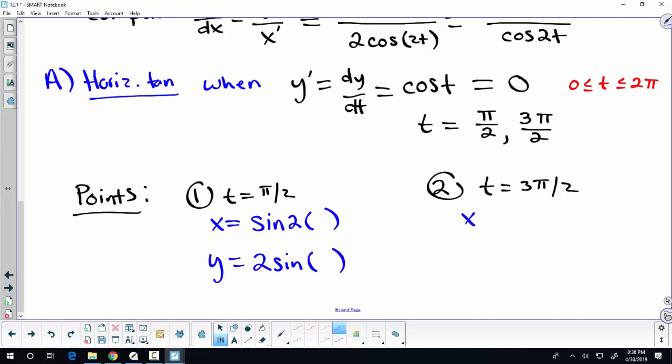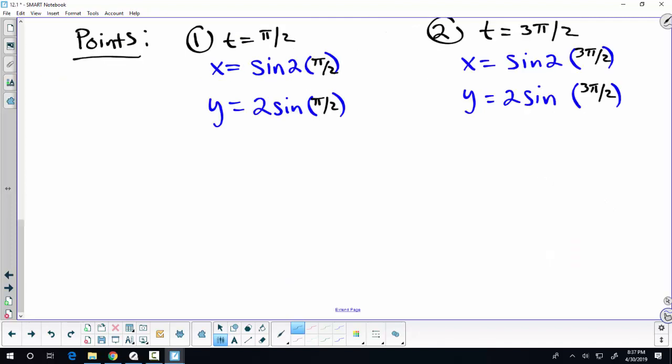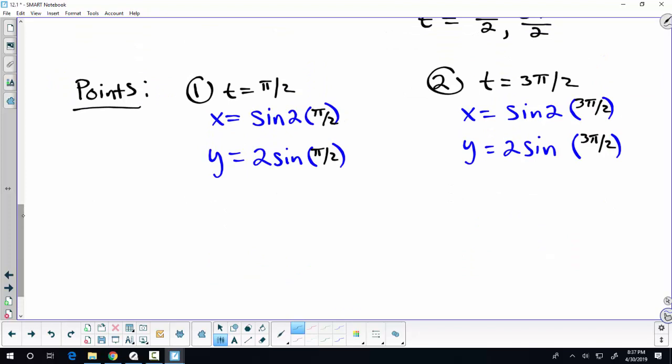Same thing over here. So we're plugging those t values back into the original parametric equations, so we can come up with the x and y, the points at which these things occur. Is everybody all right with what we're doing there?